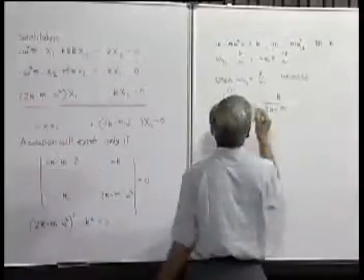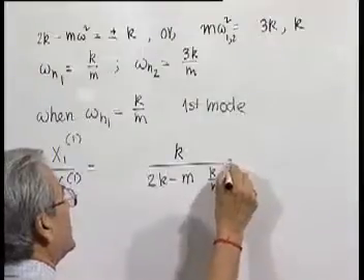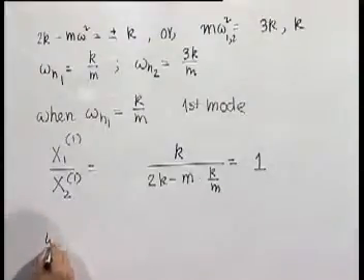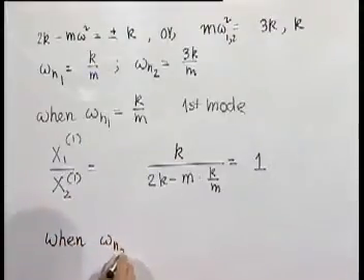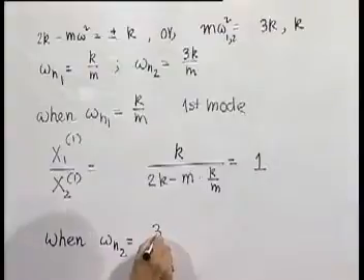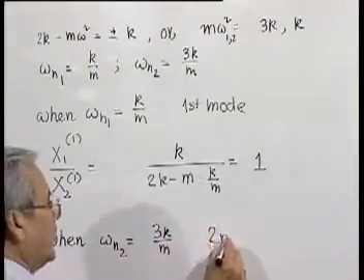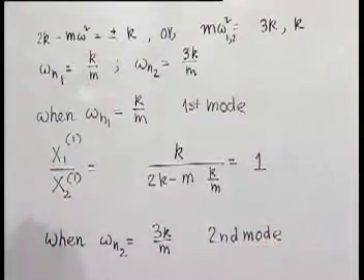So from this equation, we can get x1 in the first mode by x2 in the first mode will be equal to k divided by 2k minus m omega square. Now this omega square will be k by m.